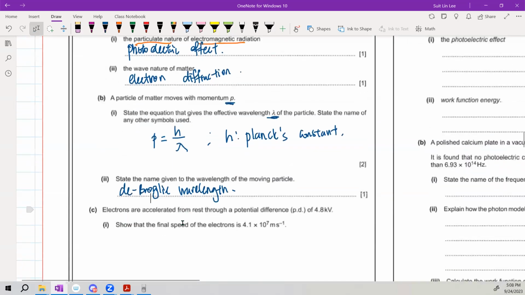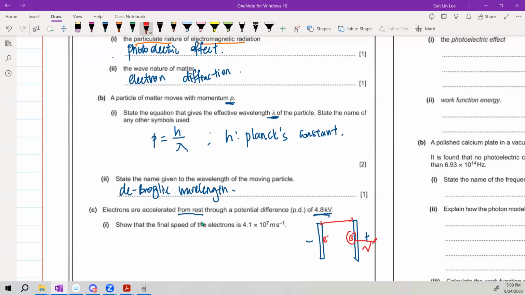Okay. So electrons are accelerated from rest, so the initial kinetic energy is 0, through a potential difference of 4.8 kilovolt. So imagine this is a parallel plate. Again, this is negative, this is positive. My electrons were at rest here, and eventually they will travel with speed v.